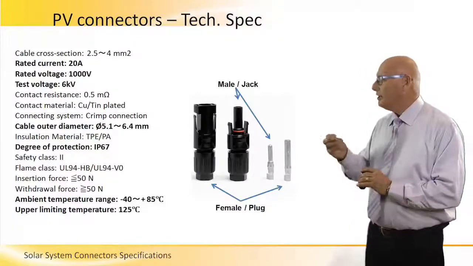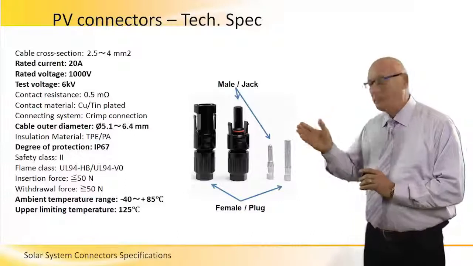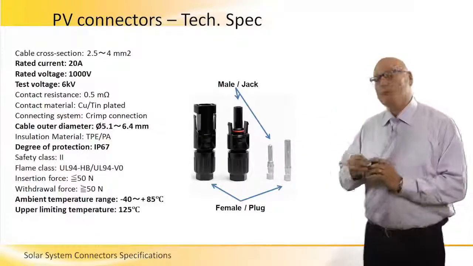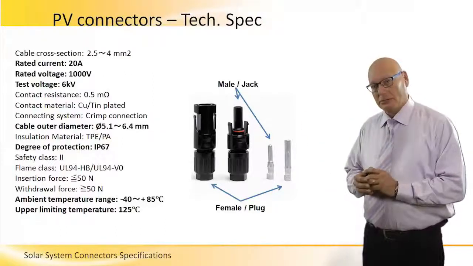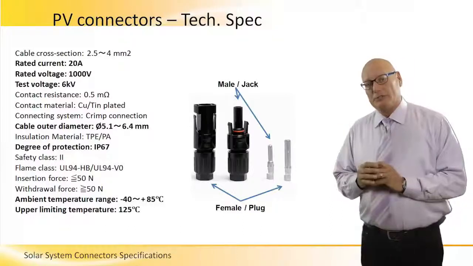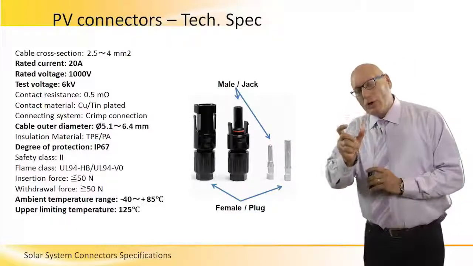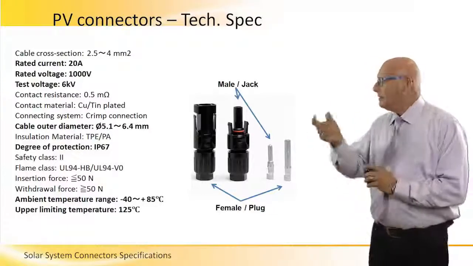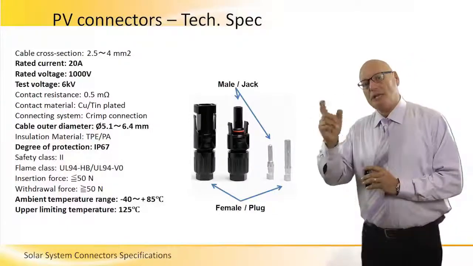Number one, rated current, for example, 20 amps. Rated voltage, up to 1000 volts. Tested voltage, 6 kilovolts. So a connector, although the rated voltage is 1000, the test voltage is 6 times higher.